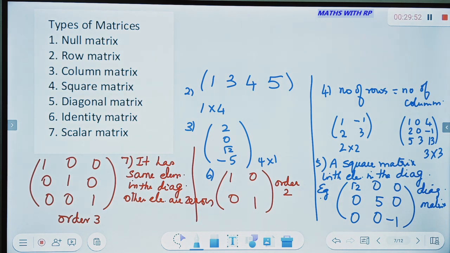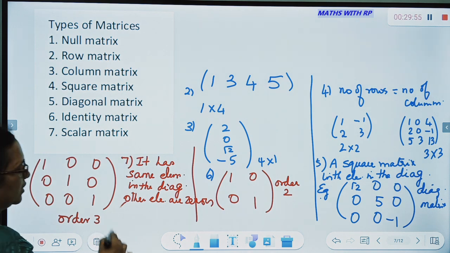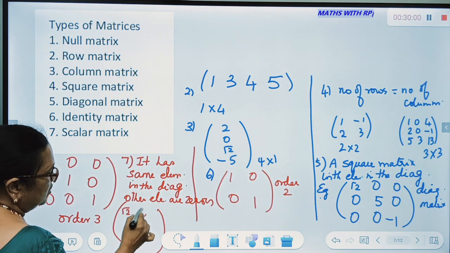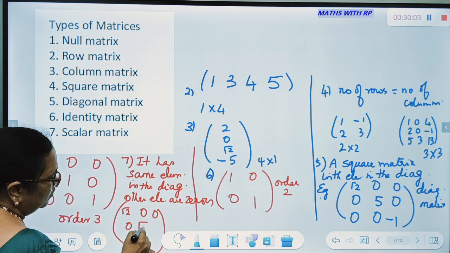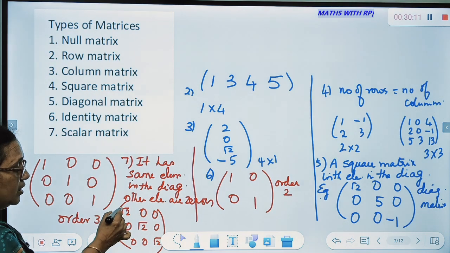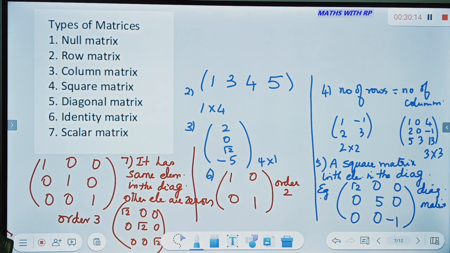It has the same scalar along the diagonal and zeros elsewhere. So I'm going to give you, say, root 2, 0, 0, 0, root 2, 0, 0, 0, root 2. This is a scalar matrix. It is scalar because it has only root 2, the same element, in the diagonal, and zeros elsewhere. Is it clear? The different types of matrices: null matrix, row matrix, column matrix, square matrix, diagonal matrix, identity and scalar. The name itself will suggest to you what it means.